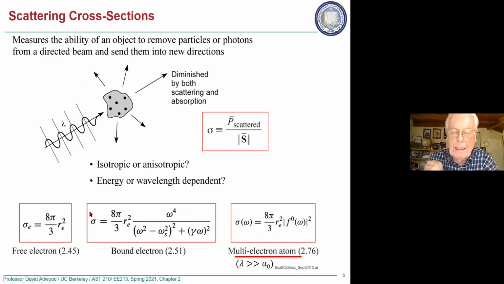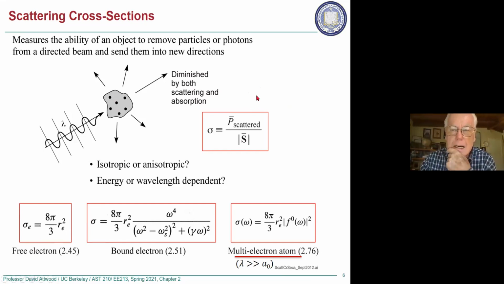When we look at a single electron, just one electron, but it's not free. It's part, for instance, of a single electron on some nucleus. Maybe it's on, let's say, a nitrogen atom, which has had removed all but one electron.